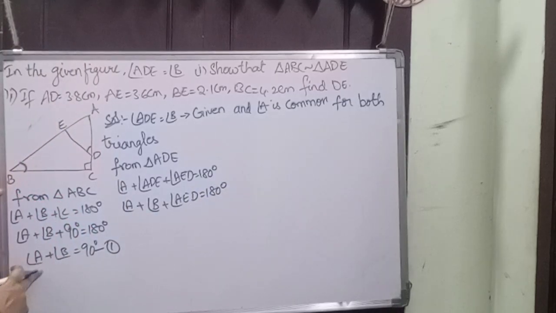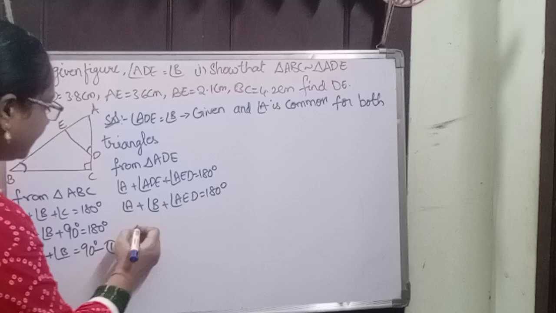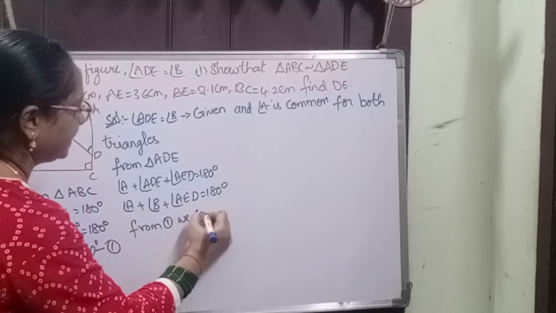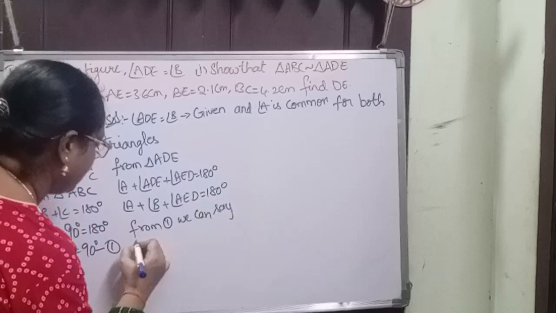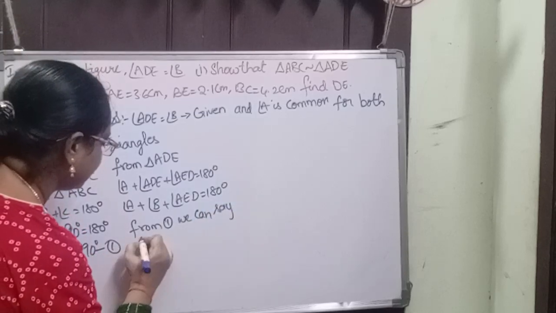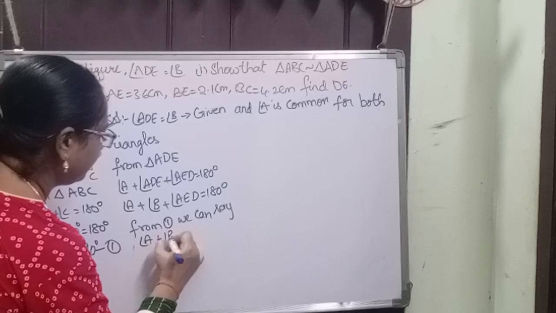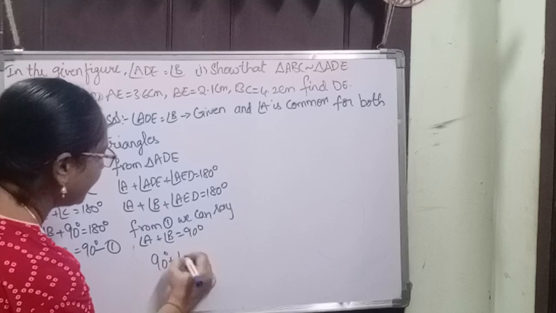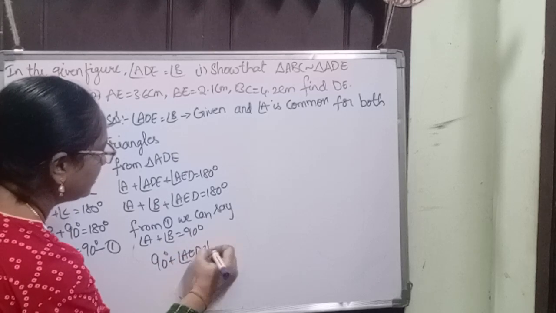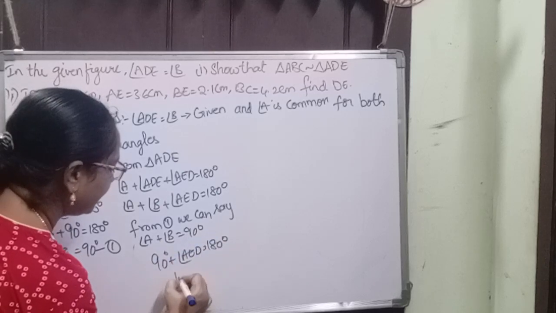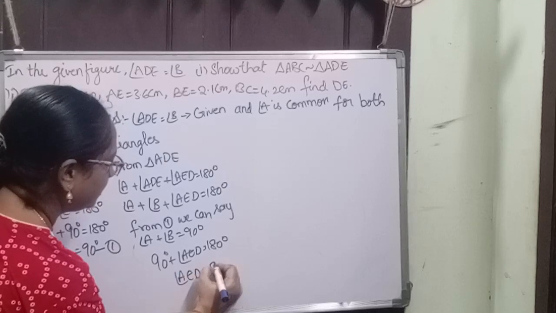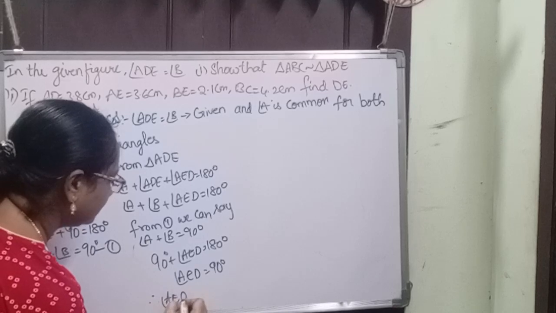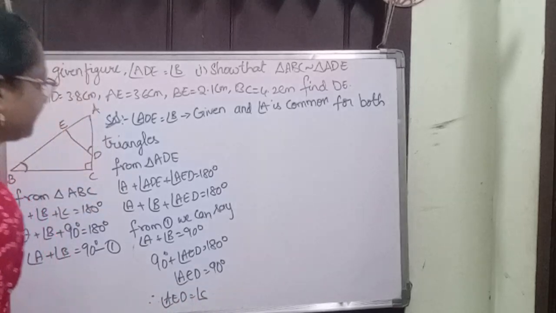But we know angle A plus angle B is 90, from 1. So 90 degrees plus angle AED equals 180 degrees. Then angle AED equals 90 degrees. Therefore, angle AED equals angle C.